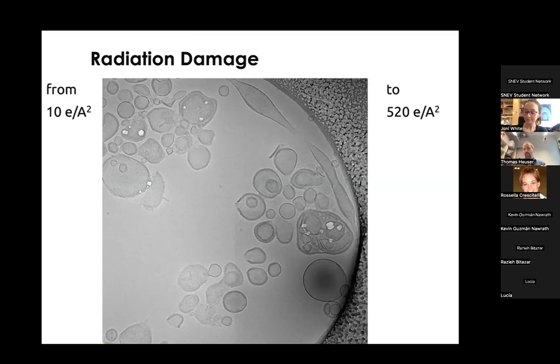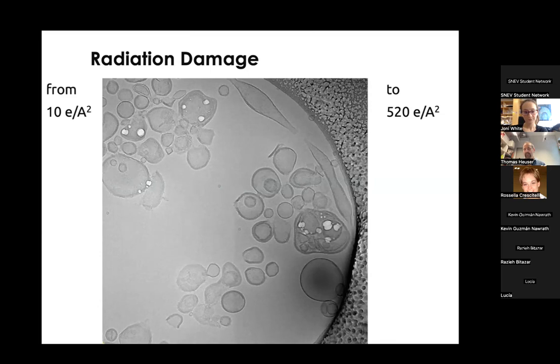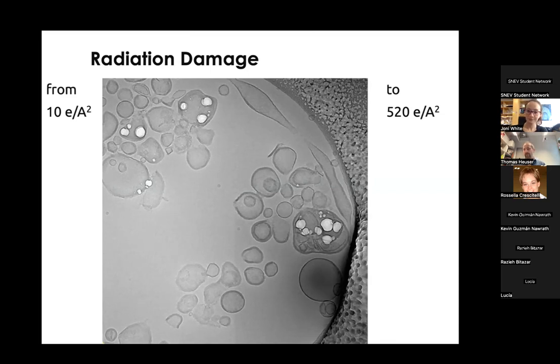I hope you can see that this sample is changing very rapidly. What you're seeing here is the sample being destroyed. Electron microscopy is a destructive technique, so we cannot do things like live imaging. Basically, we're destroying our sample as we look at it.